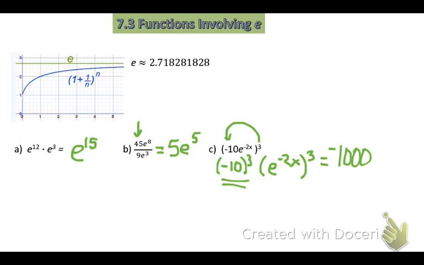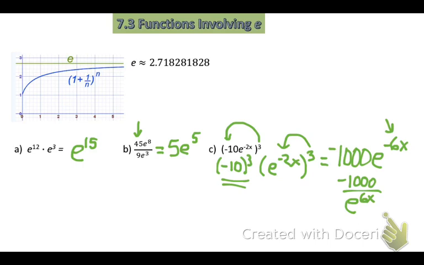And then we say negative 2 times 3, we end up with e to the negative 6x. But because we have a negative exponent, it goes down to the denominator. So it's really negative 1,000 over e to the power of 6x.